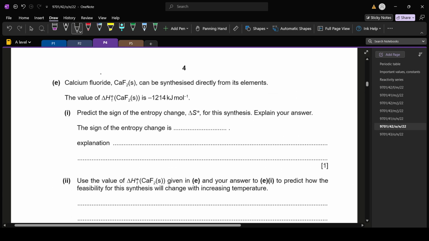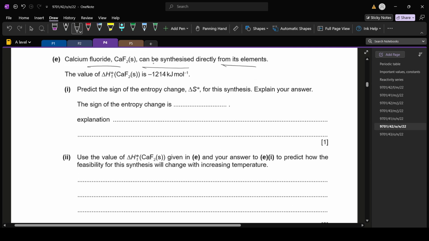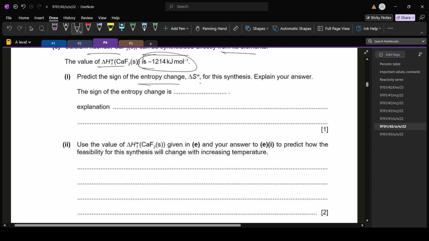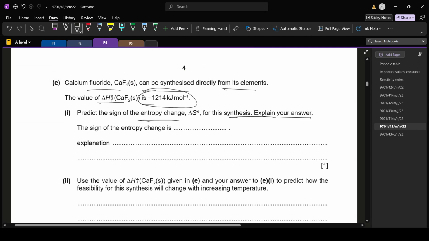Okay, part E, calcium fluoride can be synthesized directly from its elements. The value of standard enthalpy change of formation of calcium fluoride is negative 1240. Predict the sign of entropy change for this synthesis. Explain your answer. If you see from this equation, calcium fluoride is synthesized directly from its elements.